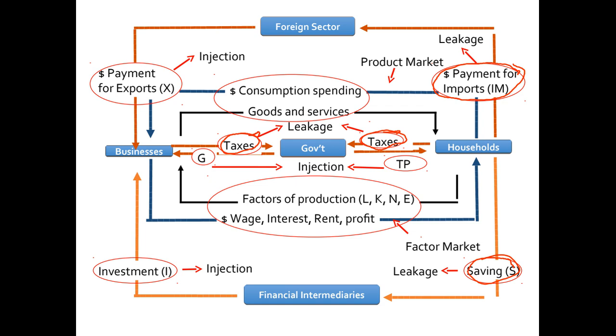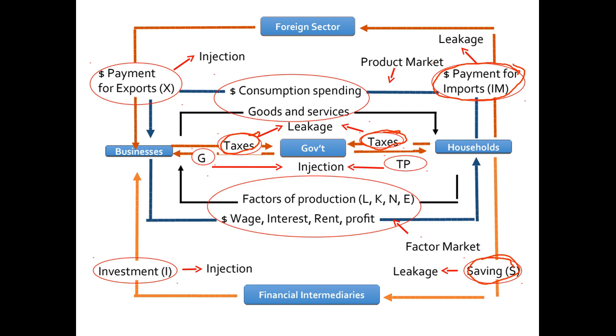Then we have injections. By injections, I mean when money is going into the system. Since the business sector is selling goods and services, if the money is going towards the business sector, that is important.